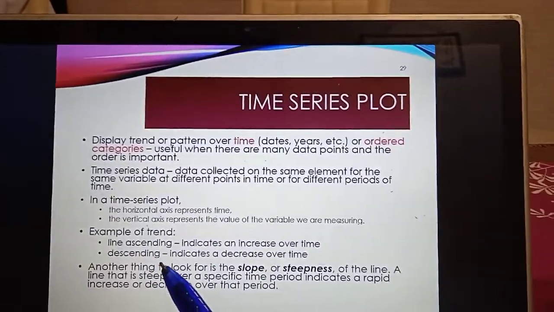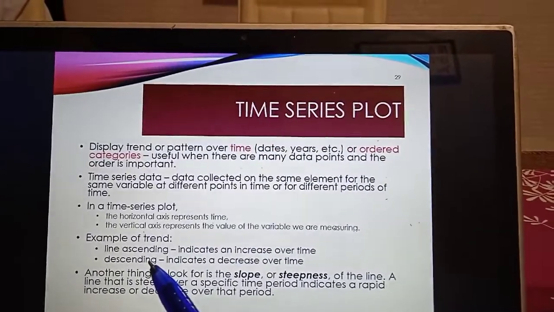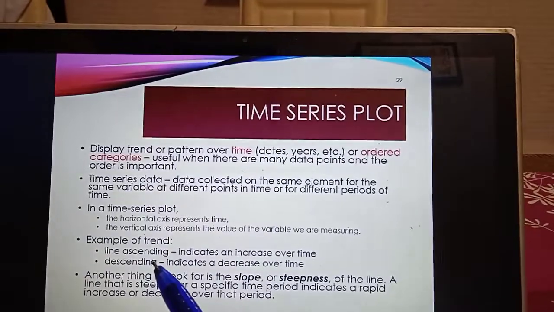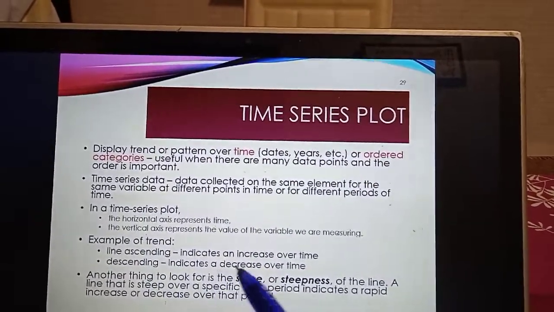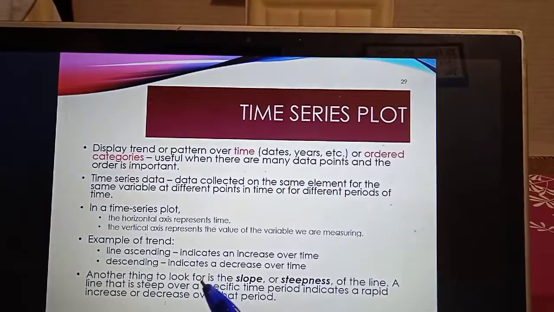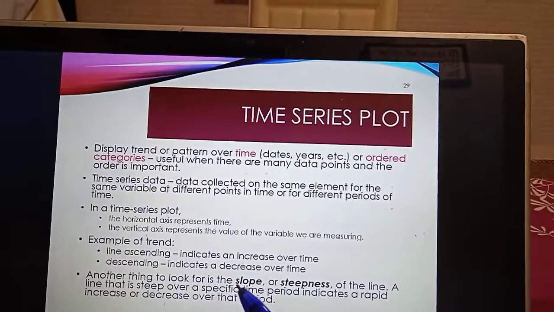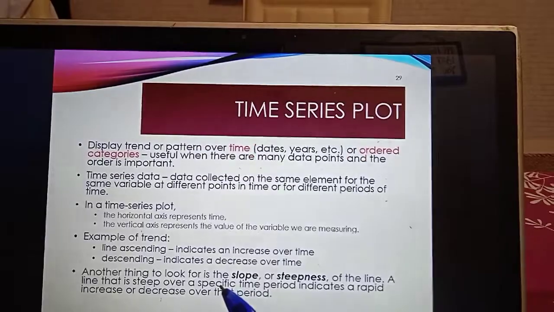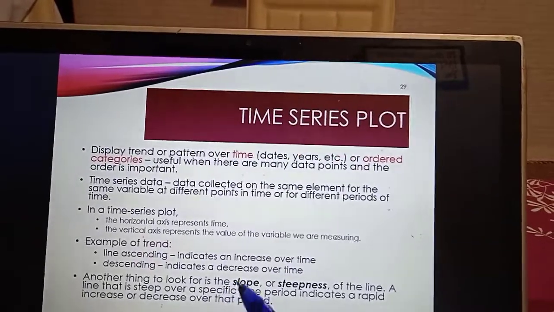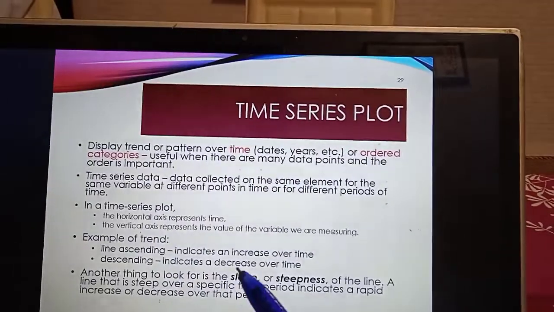For example, the number of people infected by COVID-19 in the world is decreasing. That indicates a decrease over time, which is descending data. Now, another thing to look for is the slope or steepness. In a time series plot, we look at the slope between time intervals, whether the slope is positive or negative.